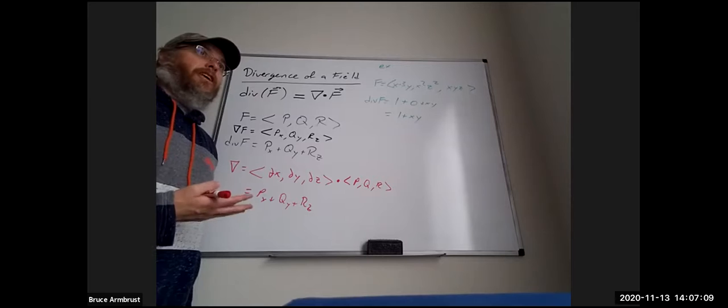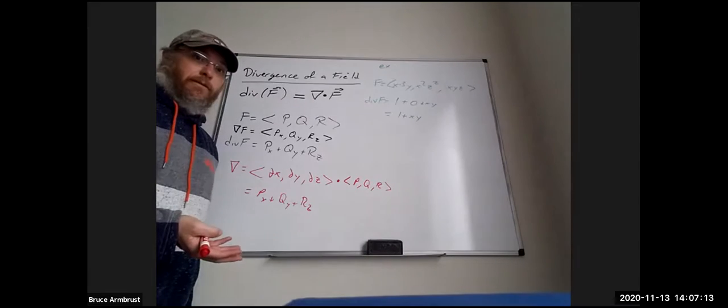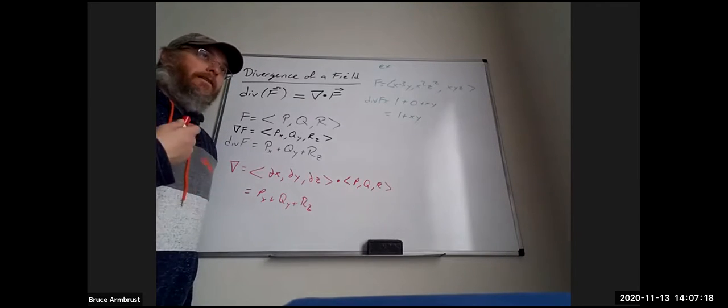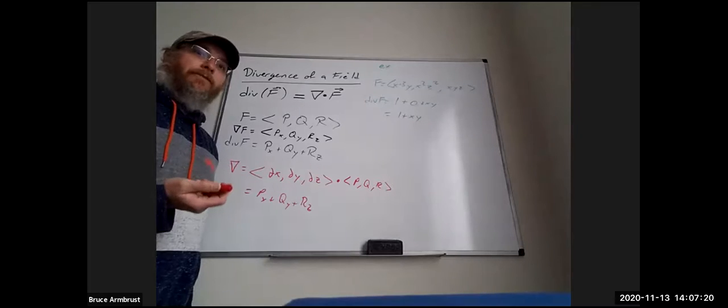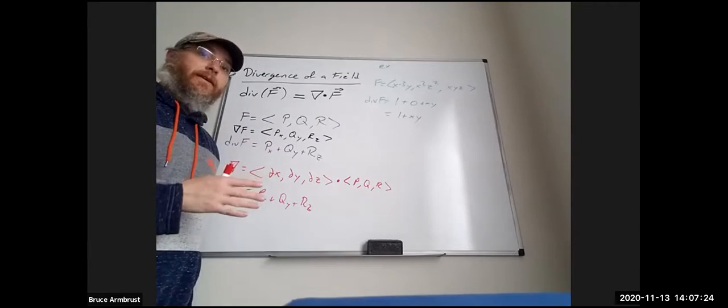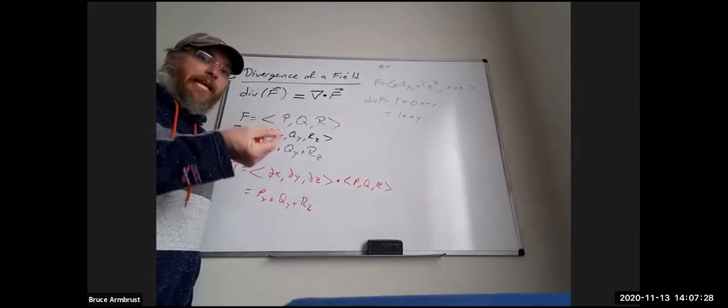It's basically flow in minus flow out. Sort of like flux. Remember when we were talking about flux over a surface or a curve? Divergence is sort of the same idea, except locally at a point.